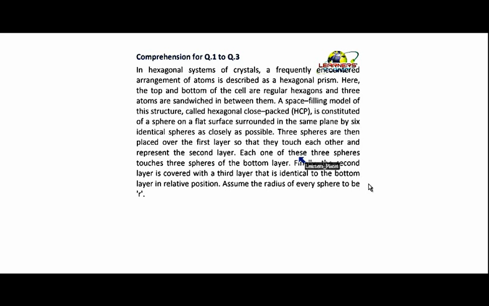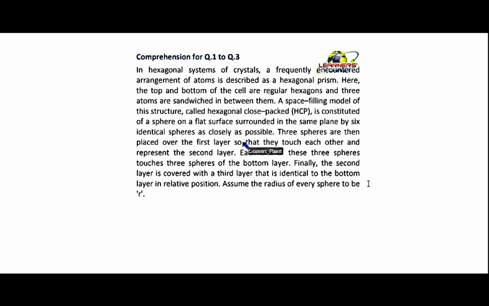Each one of these 3 spheres touches 3 spheres of the bottom layer. Finally, the second layer is covered with the third layer that is identical to the bottom layer in relative position. Assume the radius of every sphere to be r.